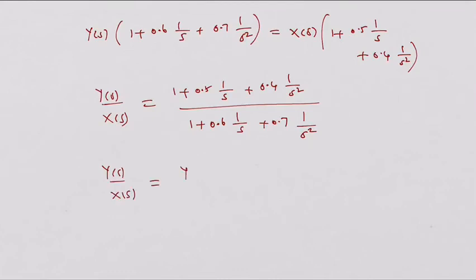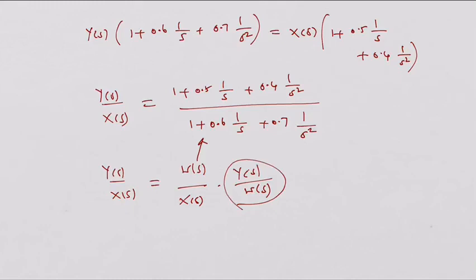I introduce a new term W of s, and since it is introduced in the numerator, it is to be equivalently put in the denominator also, so it will turn back to the Y of s by X of s model. So I'll take the denominator alone as W of s by X of s. The numerator is alone represented by Y of s by W of s.